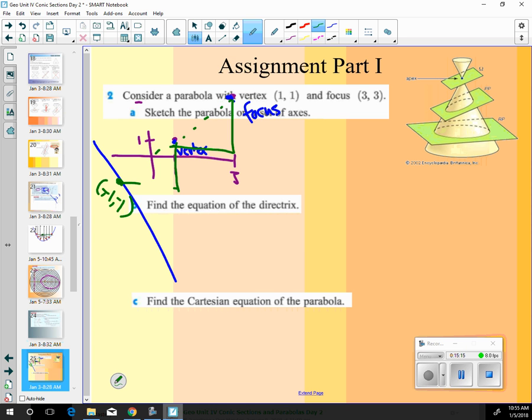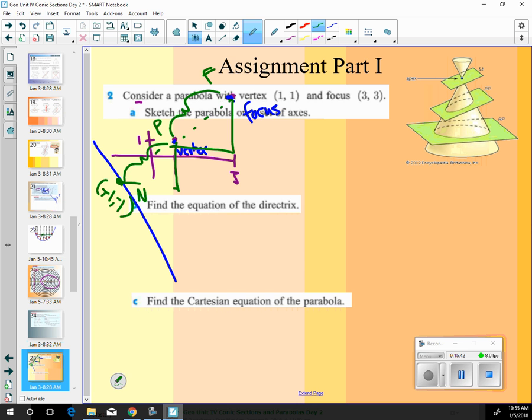Because for a parabola, this is F, this is P, this point here is going to be my N. This distance has to be equal. So it's 1. The eccentricity is 1. So we know that this distance here is going to be the same as this one. So down 2 over 2, down 2 over 2 will get you this point.